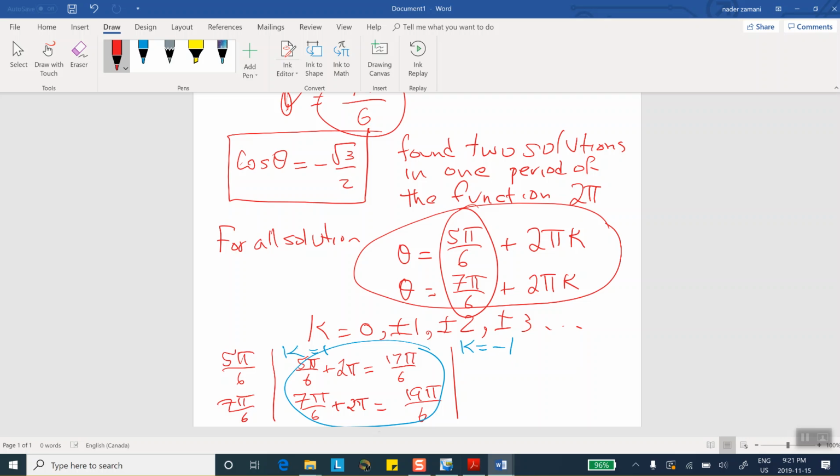So you have theta equal to 5 pi over 6 minus 2 pi, and this is minus 7 pi over 6.